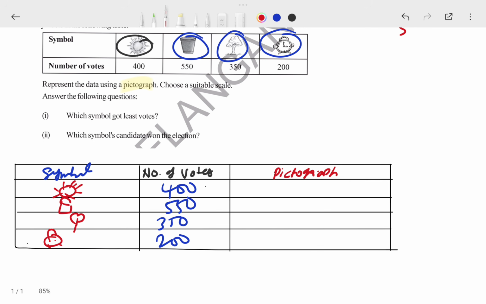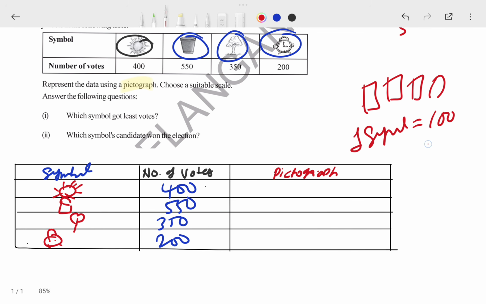So let's create one symbol. If you chose one symbol for 4, you would create 400 symbols. No, we are not going to create like that. So why not take one symbol as equal to 100 votes? Let's create one symbol for 100 votes.